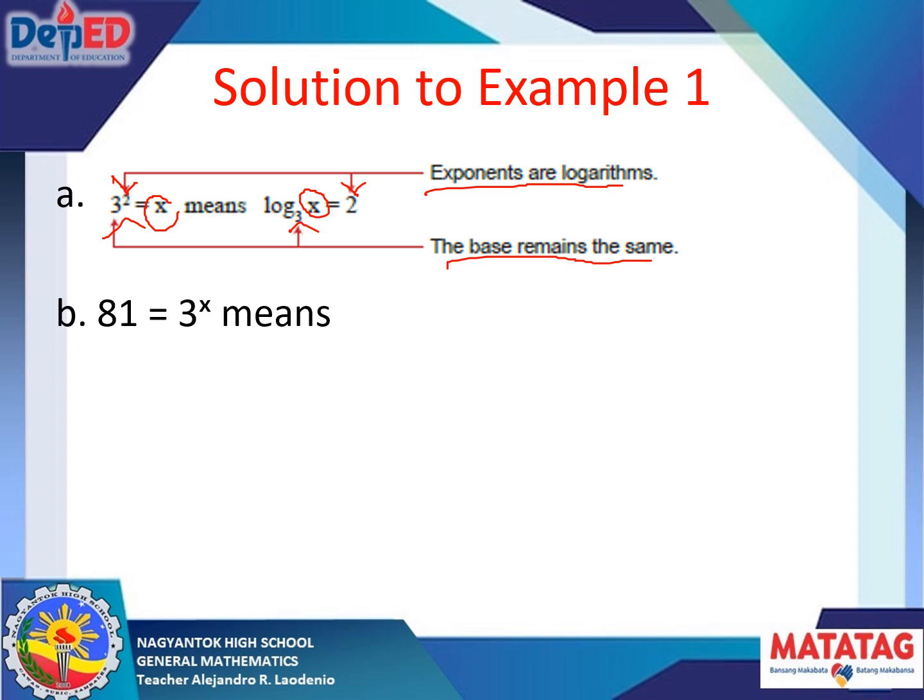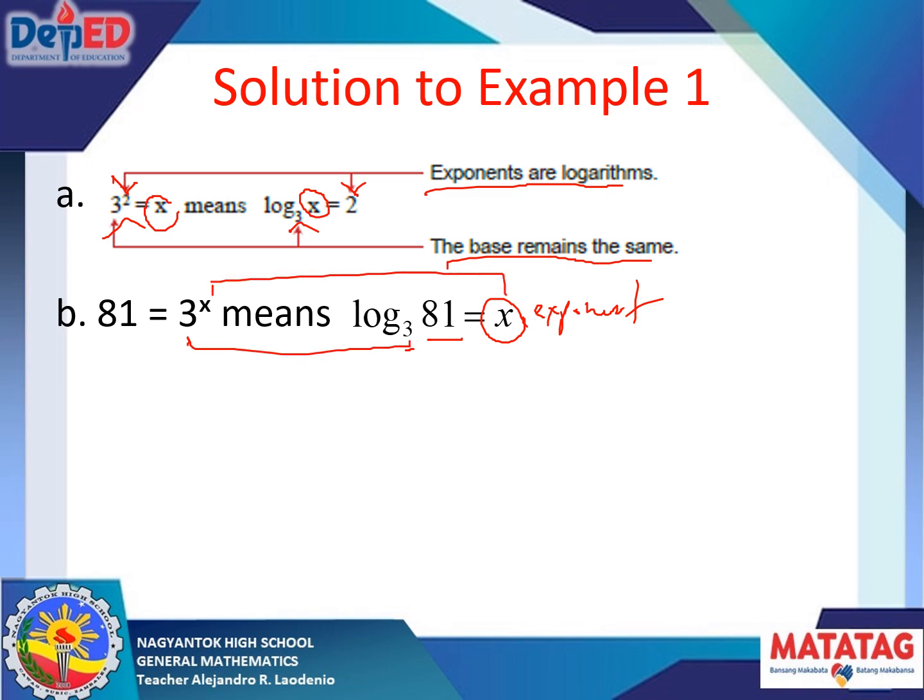So another example, 81 equals 3 raised to x means log of 81 to the base 3 equals x. So x is our exponent again, and 3 is our base. And the value of 81 remains the same. Okay.